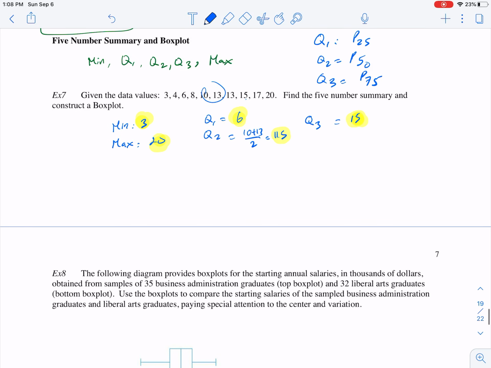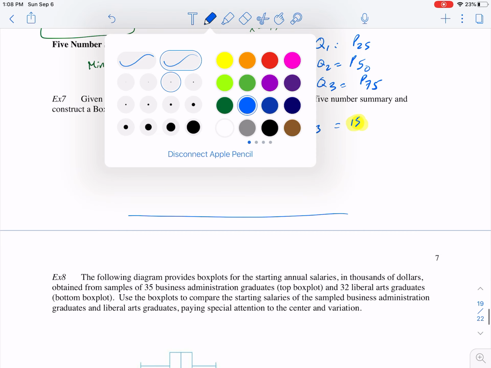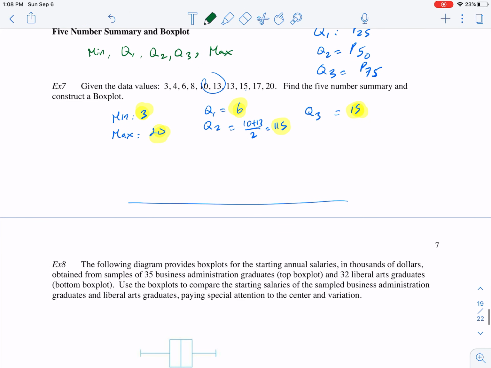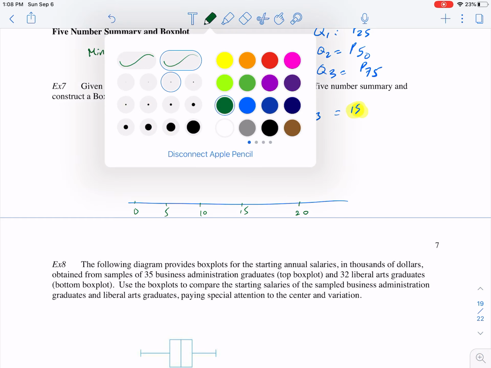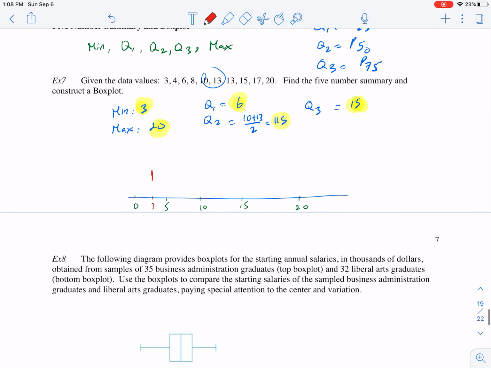So we first draw the scale, a number line. We label it: here's 0, 5, 10, 15, 20. The min in this case is 3. Here's 3. And then max is 20.